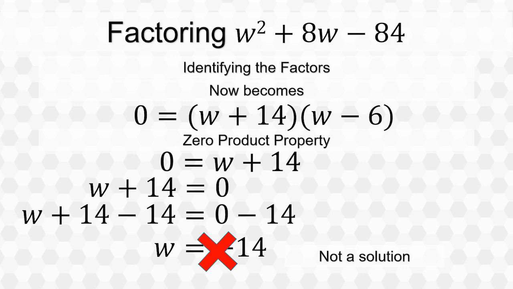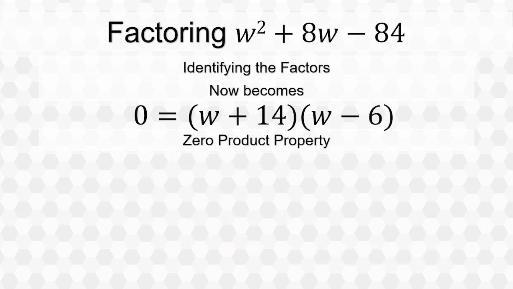Our second resulting equation is 0 equals w minus 6. Again, we will write this as w minus 6 equals 0. After this, we'll follow the inverse property of addition and add 6 to both sides of the equation.